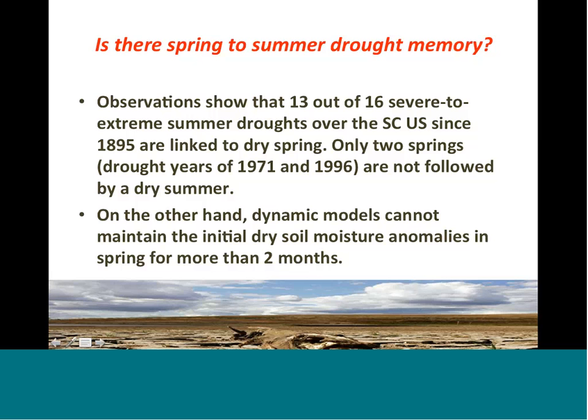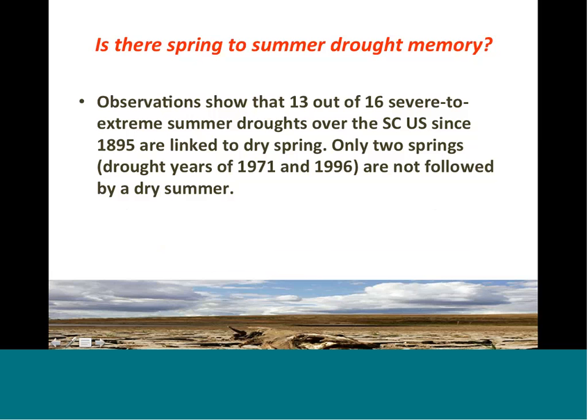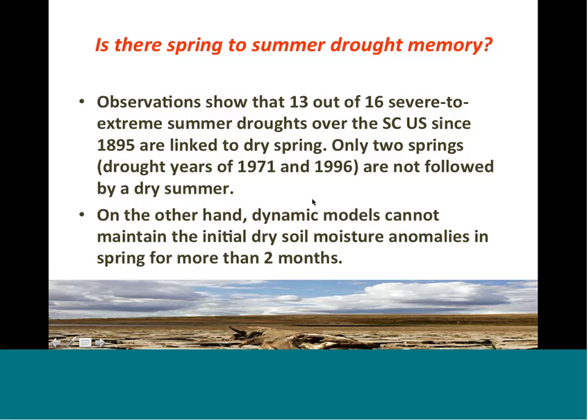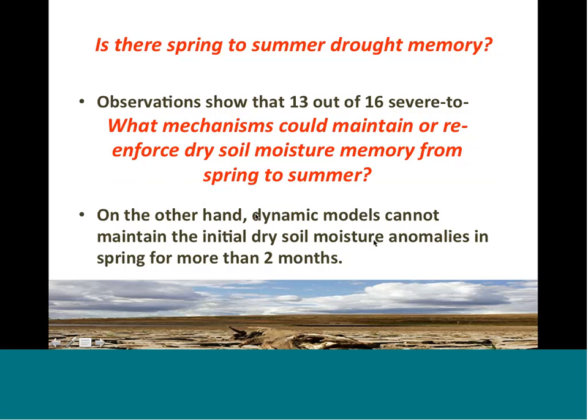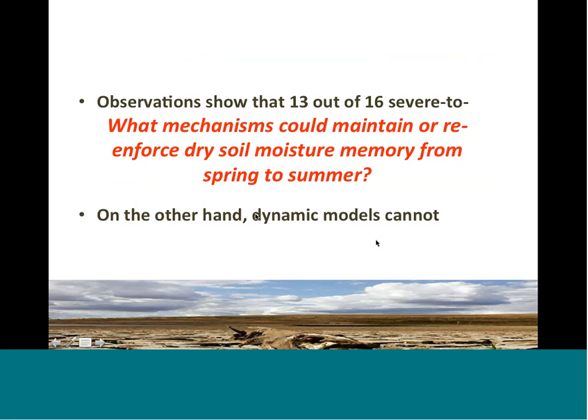Only 2 dry springs did not lead to summer drought. So this is really in contrast to a dynamic model, which couldn't maintain the initial soil moisture for more than 2 months. So now we explore what mechanisms contribute to this persistent dryness.